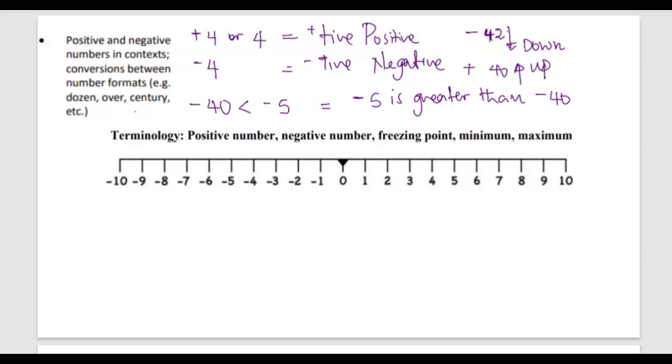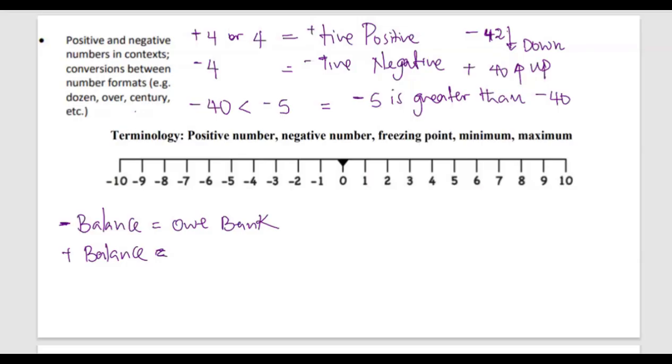We can also use negatives, even in banks, all right? Banks whereby if you have a negative balance, simply meaning you owe the bank. All right. Whereas if you have positive balance, you don't owe.